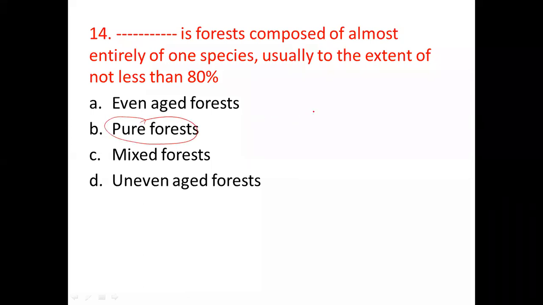If you want to define any forest as pure, there must be more than 80% of a single species. These are all very simple things, I think most of you read them in the first year or second semester of your BSc program. So the answer is B here.